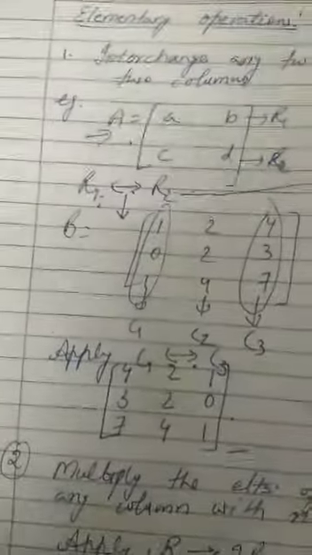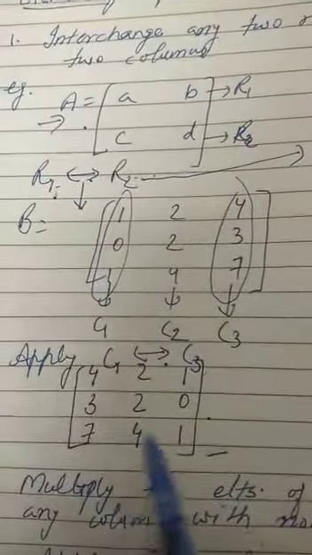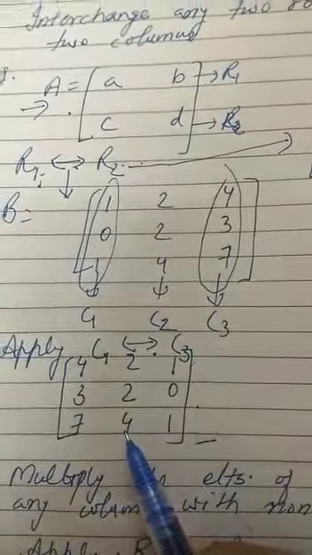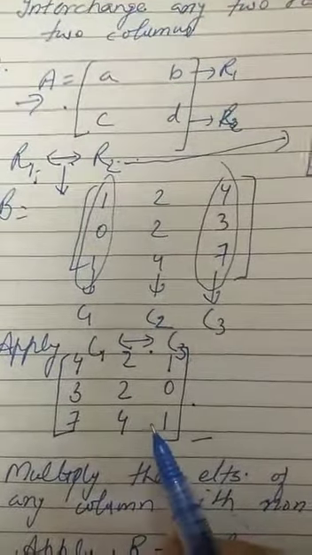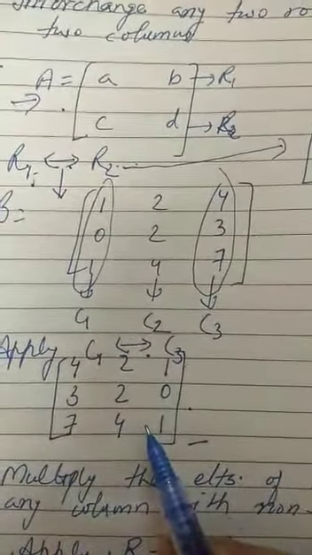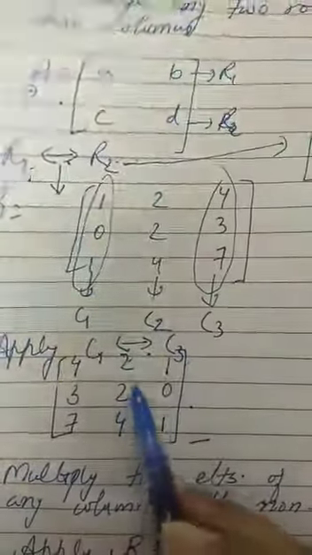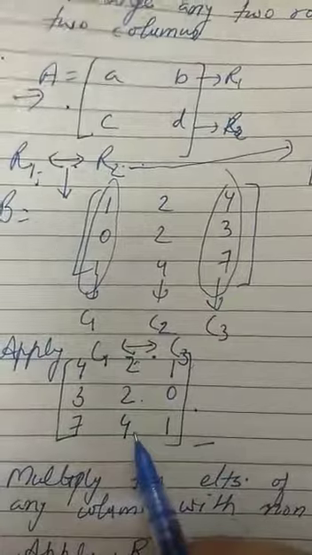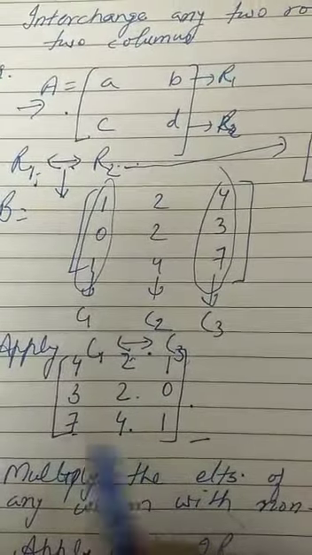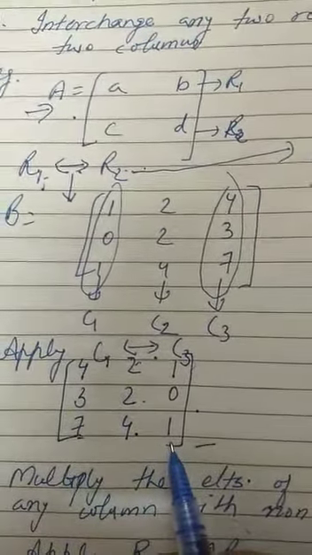Remember, the same thing we can do with the columns. If I want to multiply the third column or the second column by 1 by 2, I can multiply by 1 by 2 because 1 by 2 is also a non-zero scalar. So when I multiply C2 by 1 by 2, this will become 1, 1, and it will become 2, and there will be no change in C1 column and C3 column.